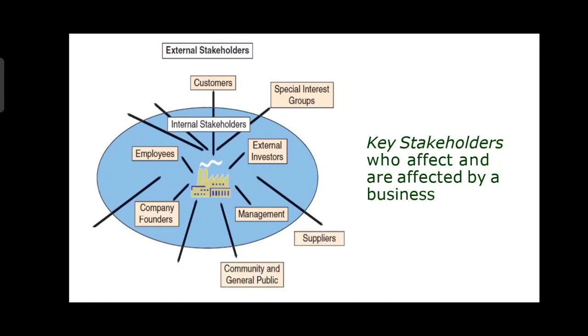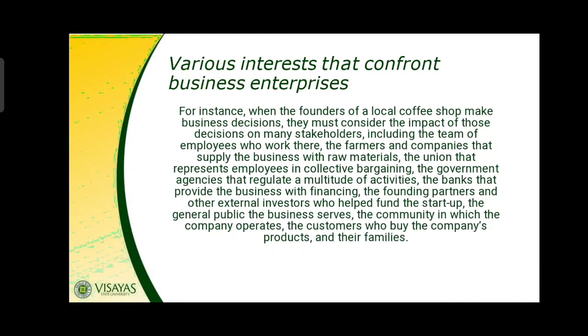Suppliers also, and then community and general public, especially when our business is pursuing an advocacy, or if we are promoting something. And then the government also, then creditors, family, and unions. So mao na siya ang possible nga mga ma-affected.